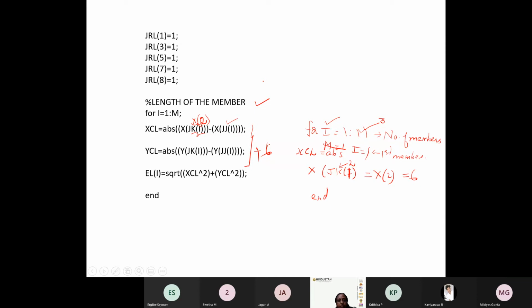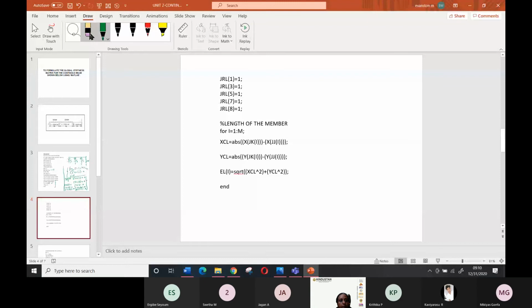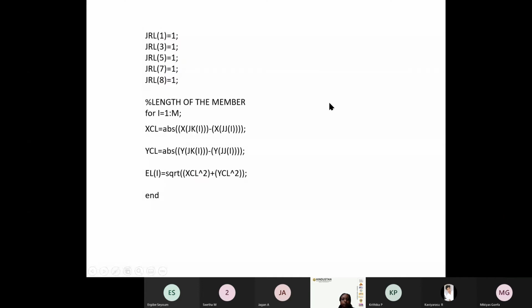So I'll write, for I is equal to 1 to m is equal to 3a, then jk of, I has become 1, jk of 1.